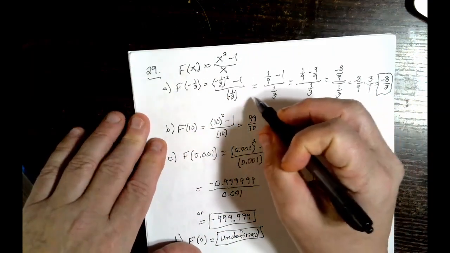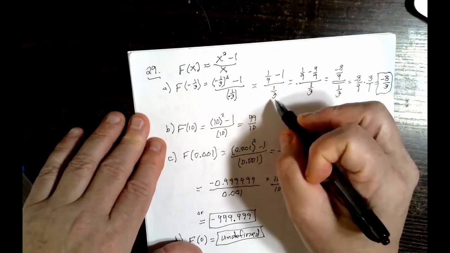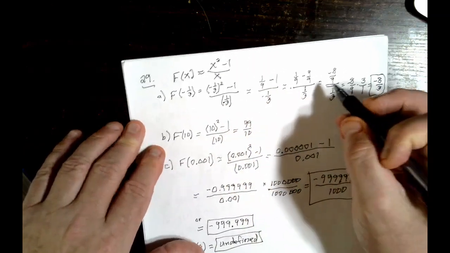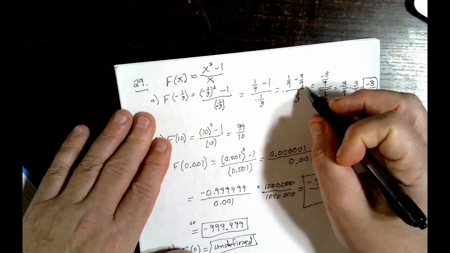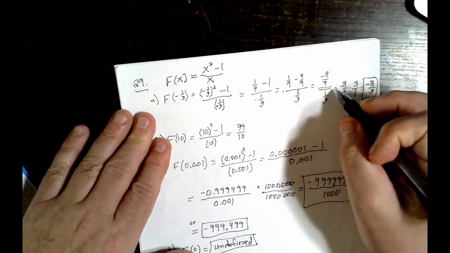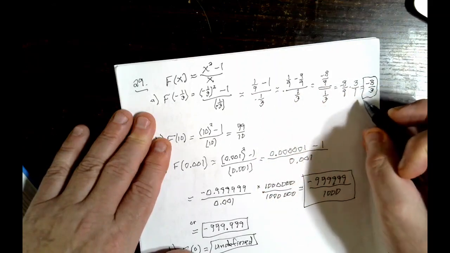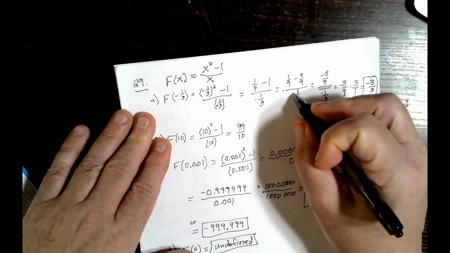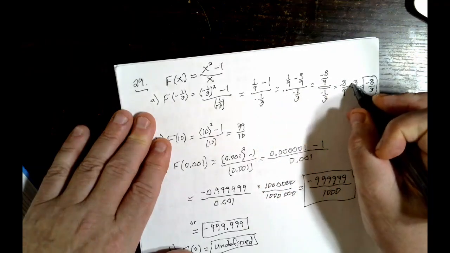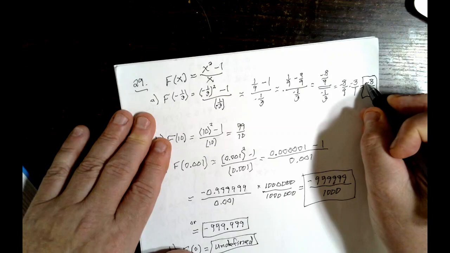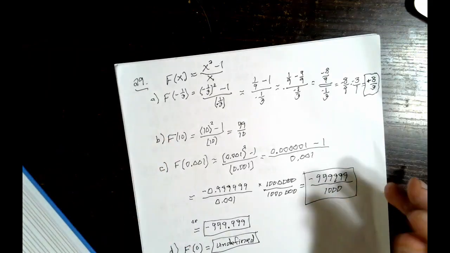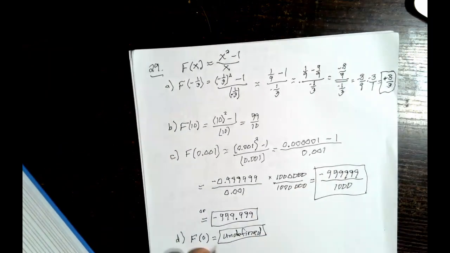And so you get 1/9 minus 1 over negative 1/3. 1/9 minus 9/9 over 1/3, which is minus 8/9, and 1/3 negative. That makes this guy positive, I believe. Let me double check that.